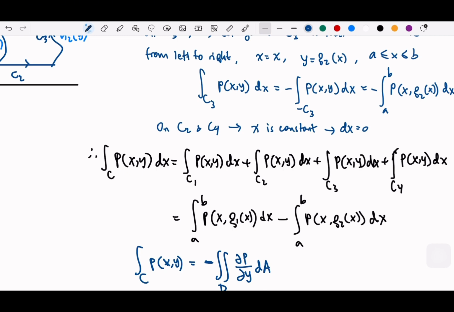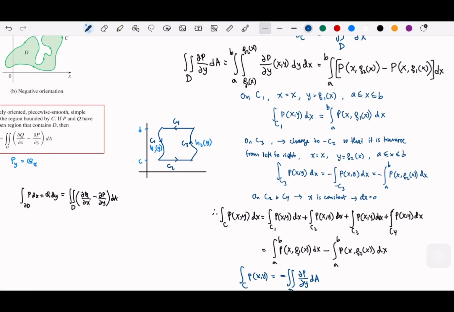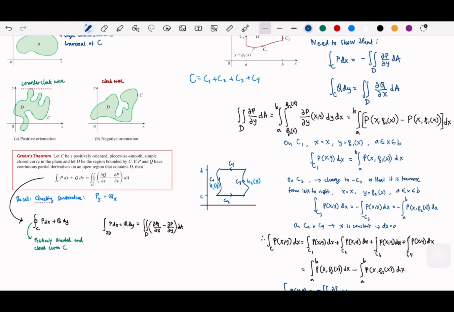And now let's look at some examples of how to use this Green theorem in applications. So basically, with Green theorem, we can take the line integral and convert it into a double integration.